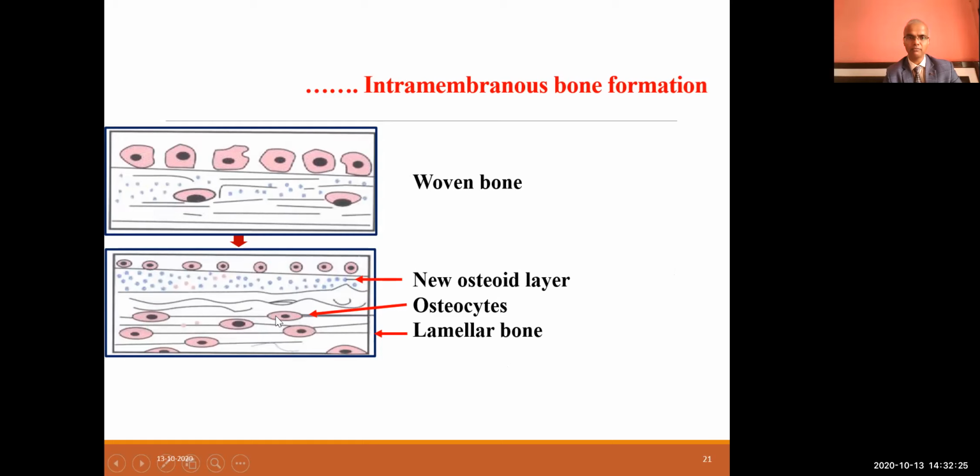So layer by layer, the osteoid secretion occurs and is converted to lamellar bone, and these osteoblast cells move away when the layer of lamellar bone is formed, leaving the osteocyte cells entrapped.